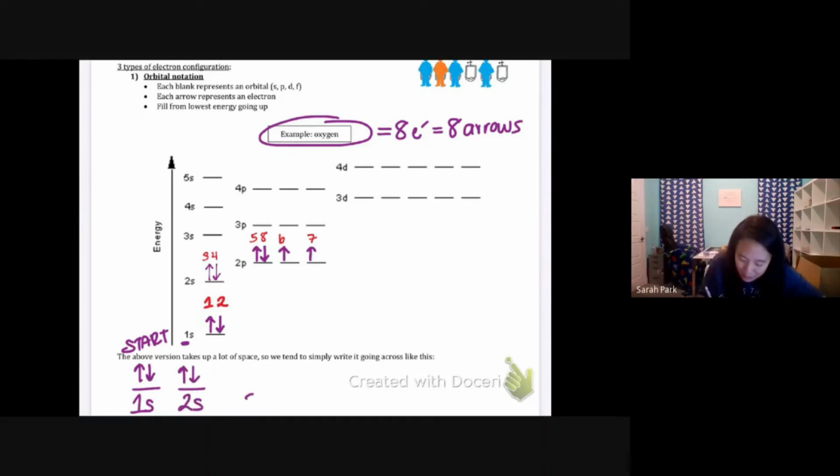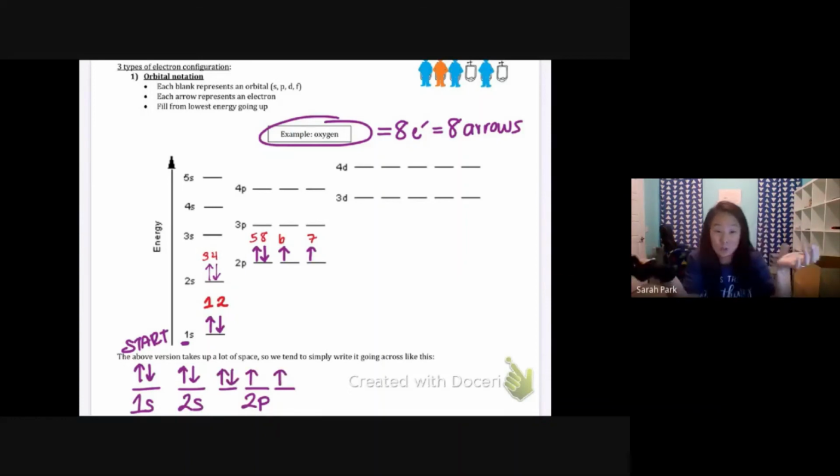After that, in level 2, there's a p house. In the p house, we have 3 bedrooms. Then we would write, this is electron 5, 6, 7, and 8. So if we wanted to shorthand it, we write it like this.